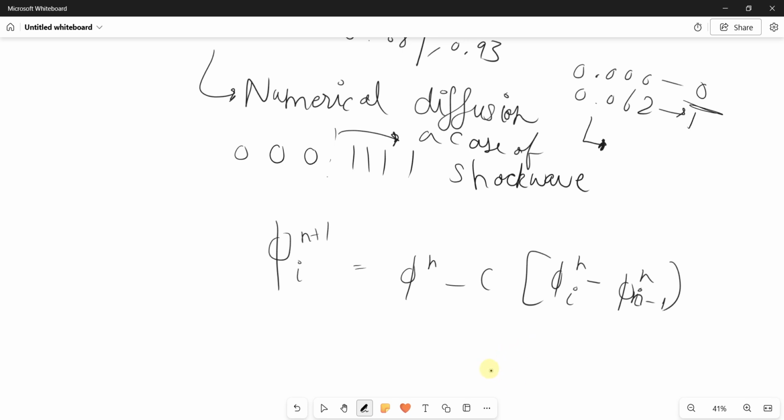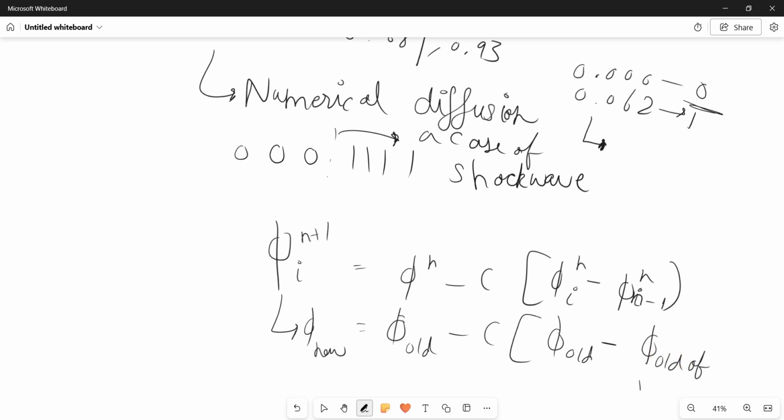As we saw, this is the new value of the parameter phi, the next value. So phi new is equal to phi old minus c times phi old minus phi old of the previous cell, i minus 1. In case you didn't understand this equation, you can just remember it in these terms.